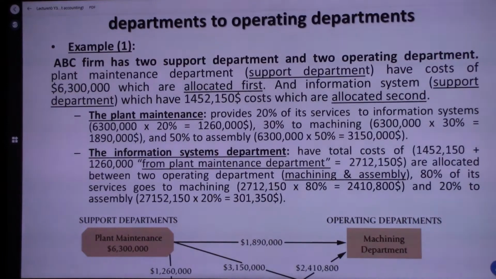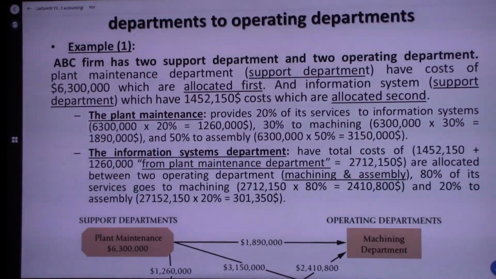The sequence of allocation says that the 2 supporting departments are the plant maintenance department and the information system department. The firm will allocate the costs of the plant maintenance department first, on the remaining 3 departments.